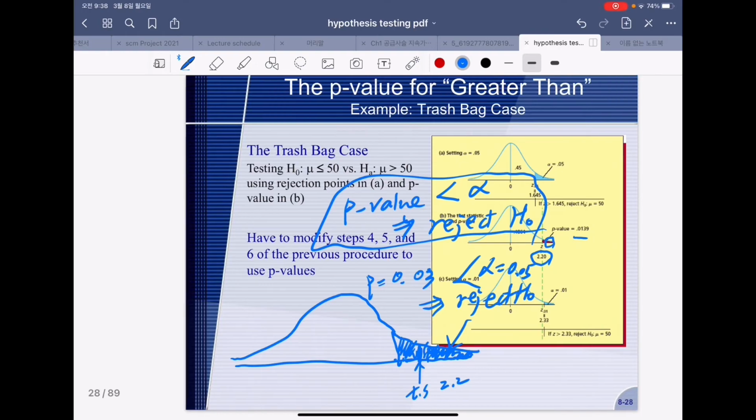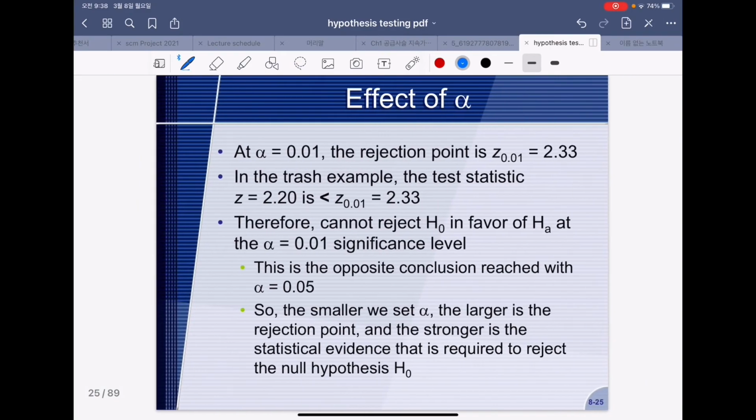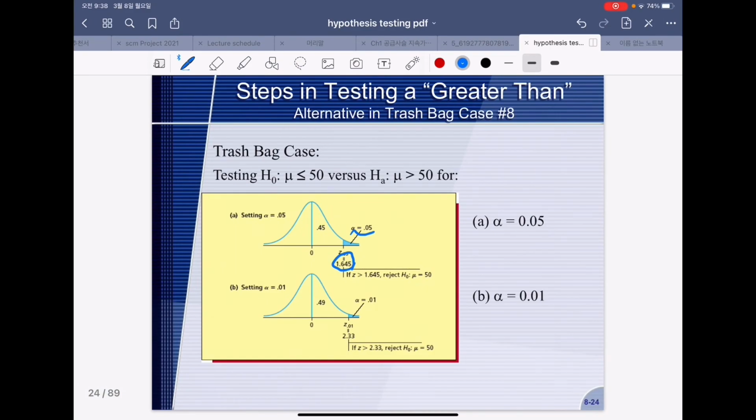Let me go back to this graph. As we have seen, the rejection region is at the right side of this graph.